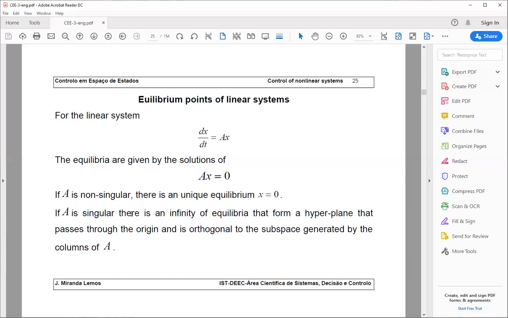But if A is singular, then not all of its lines are independent, and you can find some values of x that are orthogonal to all of these lines, and these values of x define a subspace of the state space in which Ax is equal to 0. So this subspace, this hyperplane, if you want, is a set of equilibrium points. So in linear systems, either you have just an isolated equilibrium point, which is x equal to 0 when A is invertible, or if A is not invertible, then you have a continuum of equilibrium points.